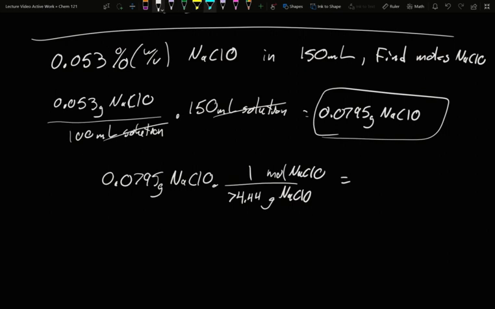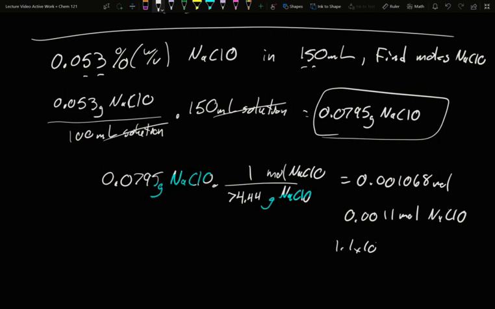And so my grams of sodium hypochlorite will cancel out, and I will end up just in moles of sodium hypochlorite. 0.001068 mole, and reasonably we had 2 sig figs and 2 sig figs, so 0.0011 mole of NaClO, or 1.1 times 10 to the minus 3 moles of bleach.